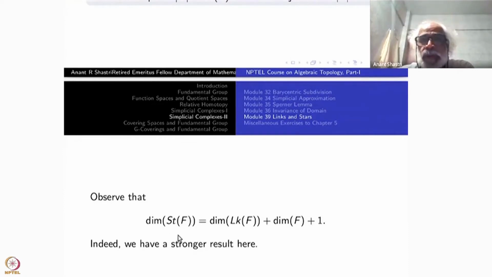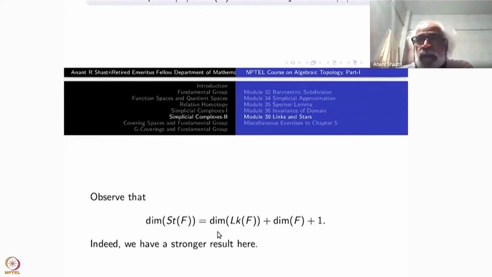What is the definition? It is G union F inside that one, which is a simplex, right? And what is a simplex here? It is G union F, but G intersection F must be empty. So starting with a simplex here, you write it as G union F, where G intersection F is empty.